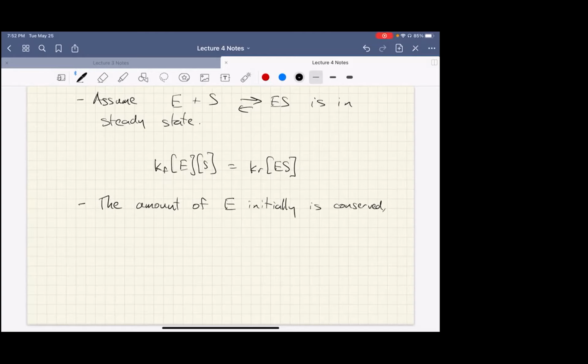The amount of E initially, I'm going to call that concentration E0, is conserved either in the present concentration of E or in the product ES. So in other words, all I can do with E is either turn it into a product or come back. So the current concentration of E is equal to the initial concentration of E minus the concentration of the product.